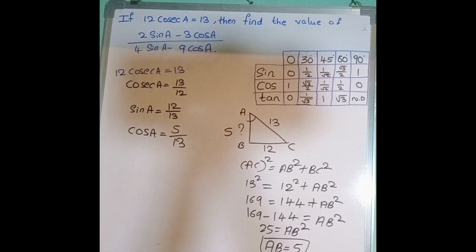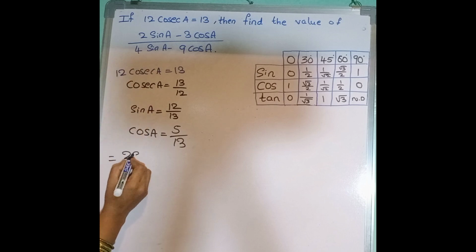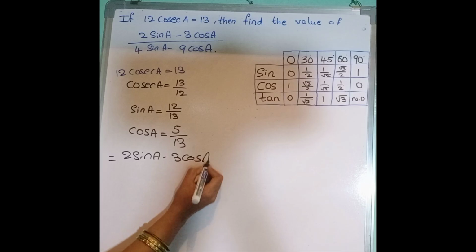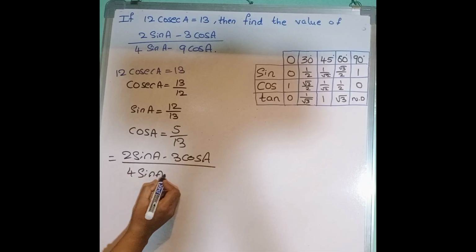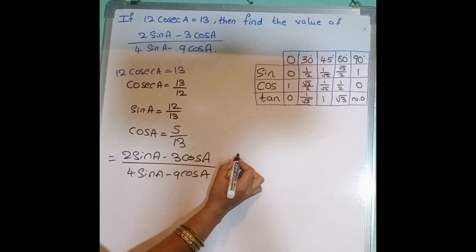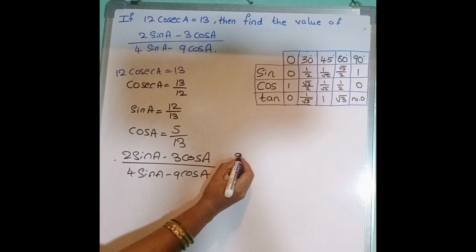Understand, students? Here is 2 sin A minus 3 cos A divided by 4 sin A minus 9 cos A is equal to... The value of sin A is 12 divided by 13.